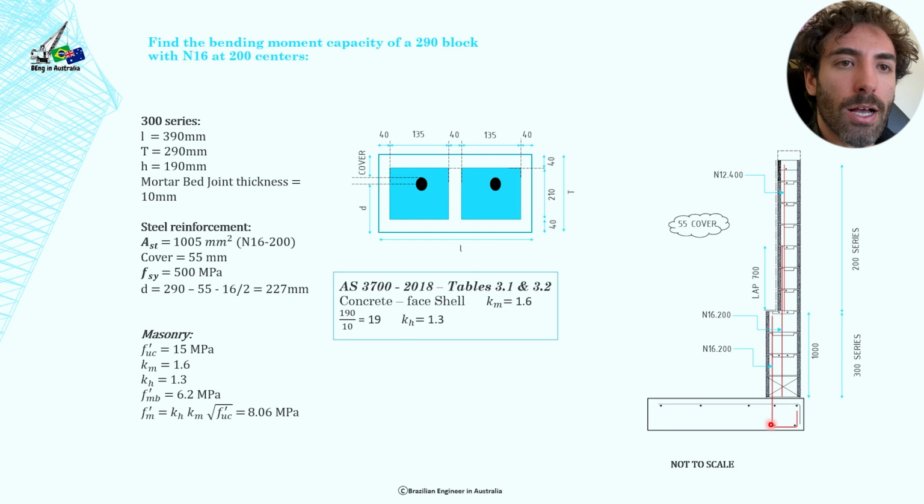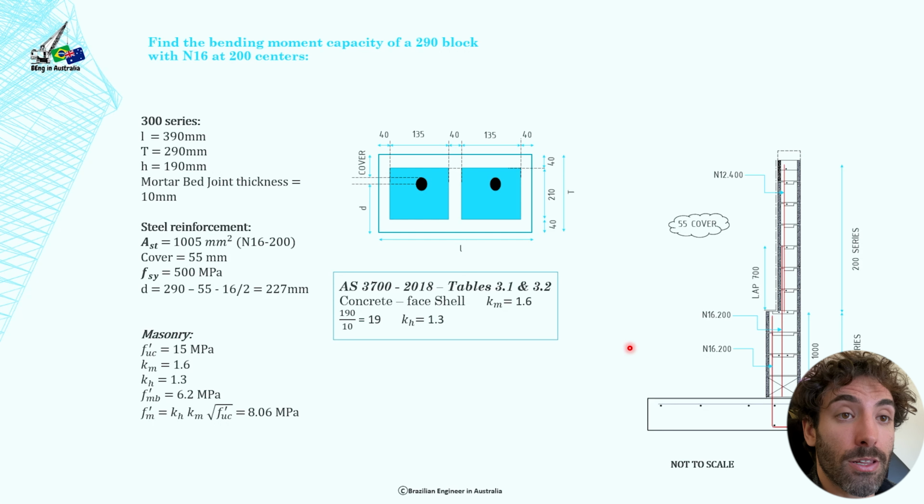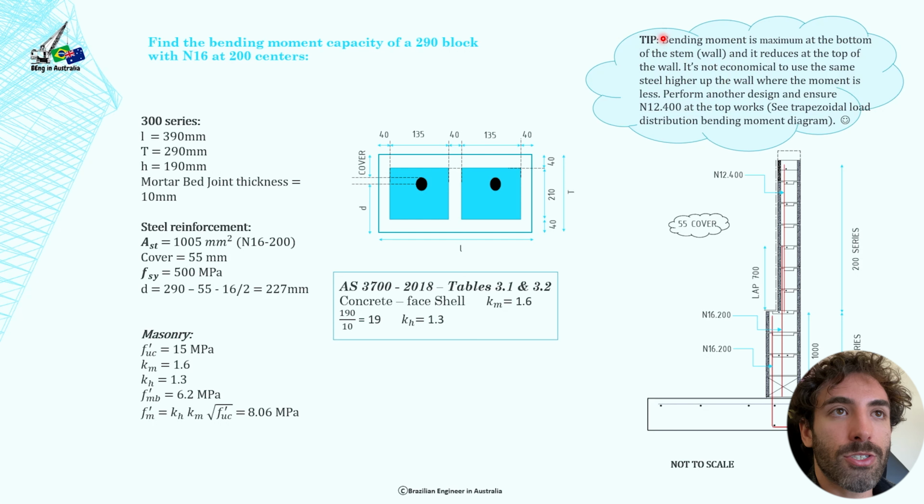The starter bars, I'm just matching these starter bars with the reinforcement of the wall. And now let's see how I got N16 at 200 centers to work. But before, let's just have a look at this tip here. Bending moment is maximum at the bottom of the wall, and it reduces at the top of the wall.